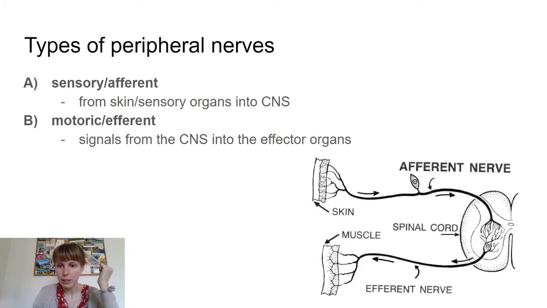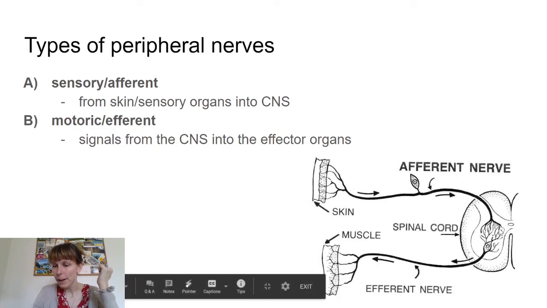Skin, an example here. When you, for example, touch something really hot, you activate the nociceptors, the pain receptors in the skin, and the information is very quickly carried into the spinal cord. And so this is the afferent part.